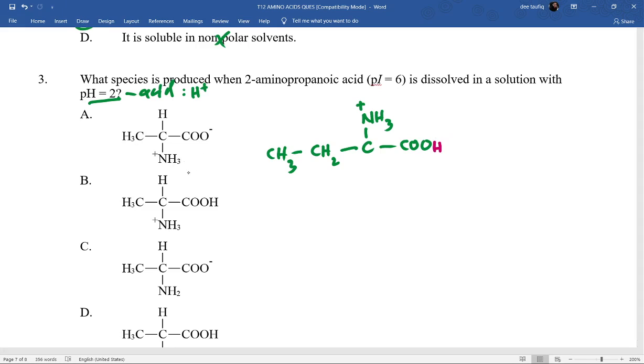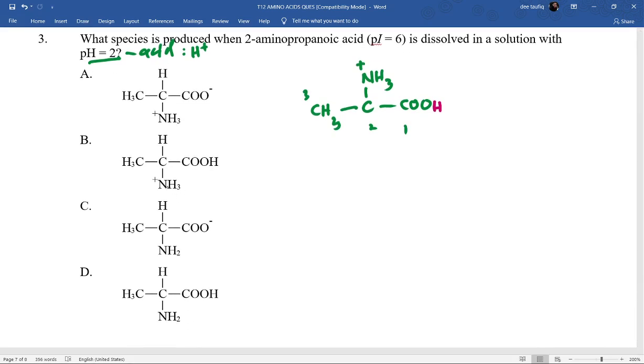Right, so ini gambar dia. Oh, tu lebih carbon. Sorry. Okay, carbon 1, carbon 2, carbon 3.